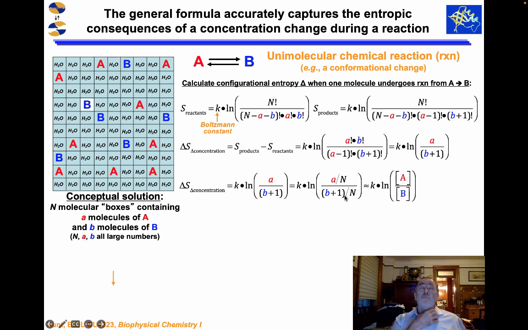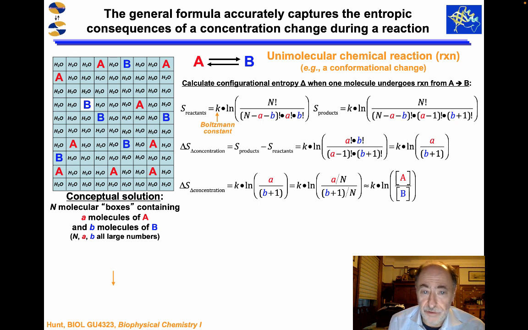Even for 1 microliter of solution at 1 nanomolar, that's 10 to the minus 6 for a microliter, 10 to the minus 9 for nanomolar, that's 10 to the minus 15, but Avogadro's number is 10 to the 23.